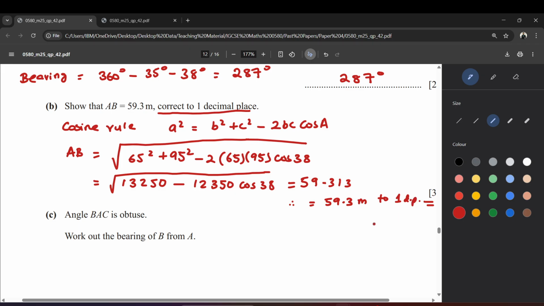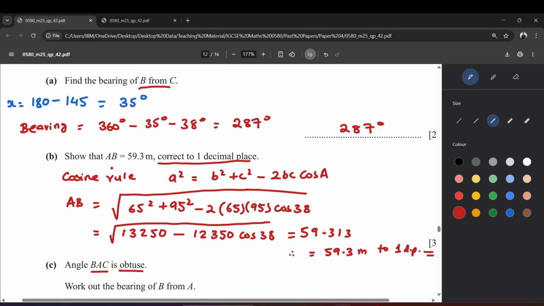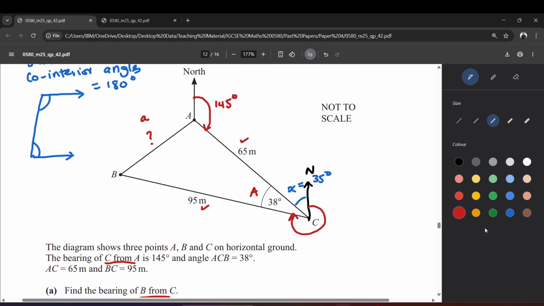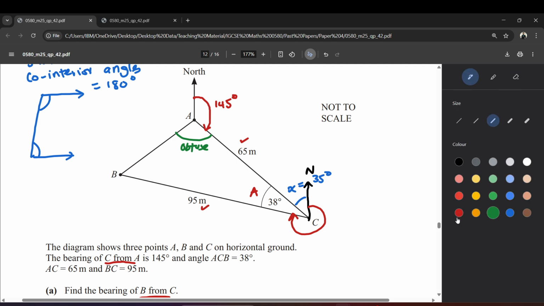Now part C, angle BAC is obtuse. Okay, what is BAC? This angle, this is your obtuse angle. And also now that we have found this, it's better to label it now so we can see more clearly what data is given to us. So we can say that this is 59.3 meters.